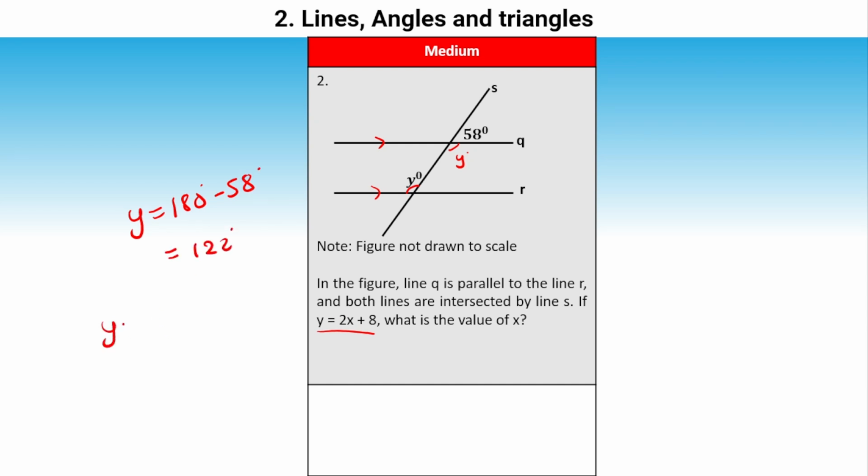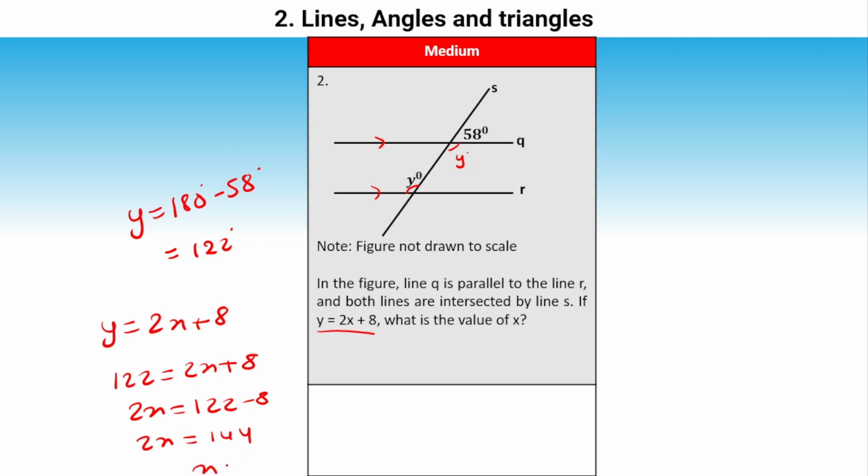Now we are given y equals 2x plus 8. So 122 equals 2x plus 8, 2x equals 122 minus 8, so 2x equals 114. So x will be equal to 57 degrees. So 57 is your answer.